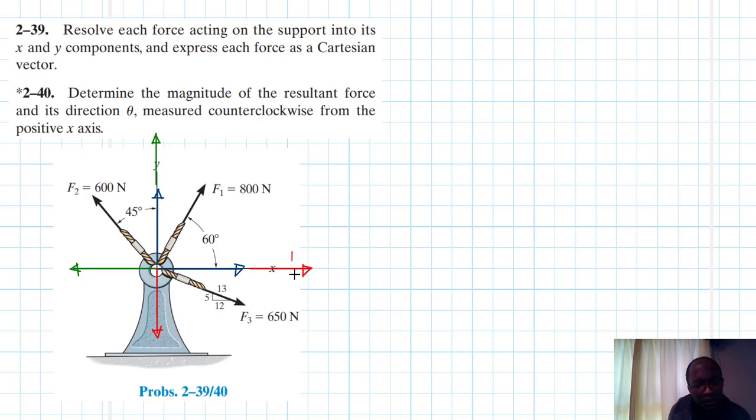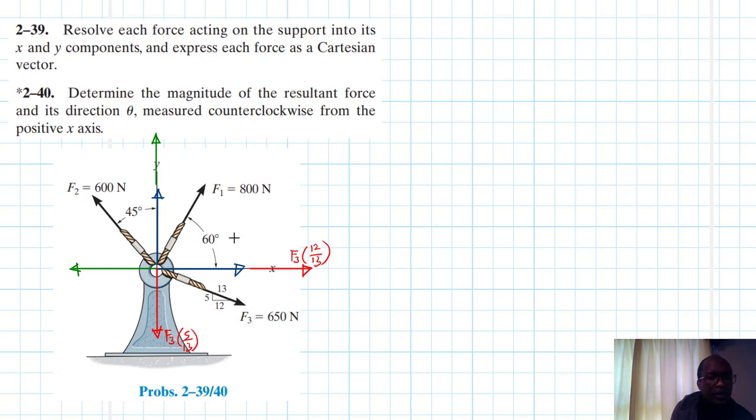F3: this is just going to be equal to F3 times the run, which is 12 divided by 13, and this one is F3 times the rise, which is 5 divided by 13.